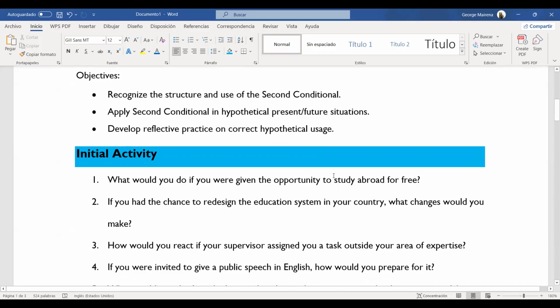What would you do if you were given the opportunity to study abroad for free? I would take it without thinking. Without thinking, right? Very good. What else? Who else?